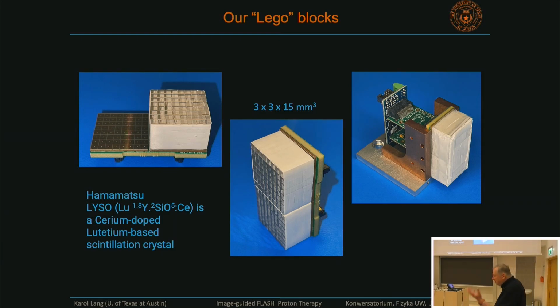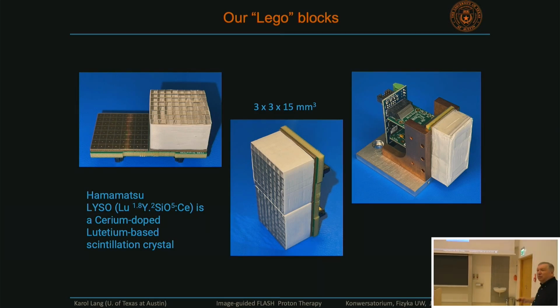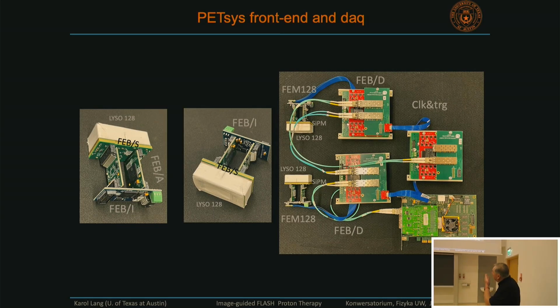They're very dense, very luminous. And this is a fundamental module out of which we actually built our scanner. So not 8 by 8, but actually 2 times 8 by 8. So this is 128 channels. And the electronic readout was working very well from essentially day one, with some hiccups here and there.